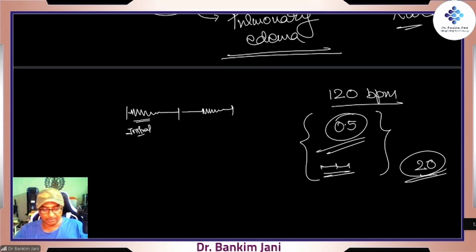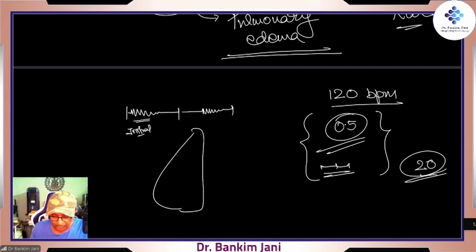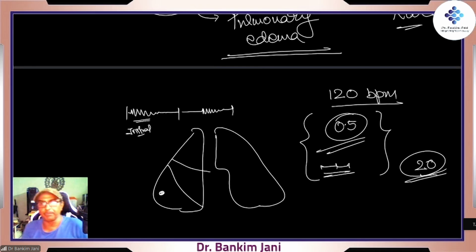And then comes your anatomy, right? When you hear it over here, that means the basal lobe, also called the lower lobe, is involved. In the lower lobe, you'll auscultate from the back and from the front, so that you know exactly where things are.